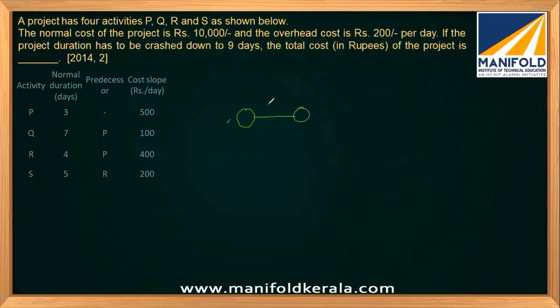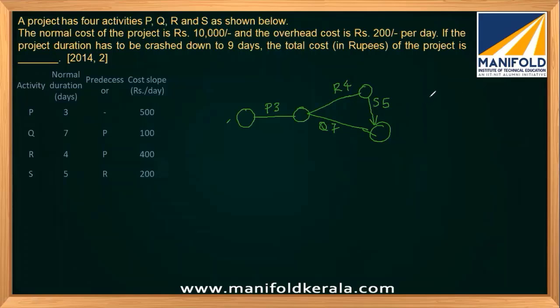This is P. P does not have any predecessor, and Q has predecessor P, and R also has predecessor P. So this is my R and this is my Q, and S has predecessor R and merges with Q, since it is the last activity. So P is 3, Q is 7, R is 4, and S is 5.